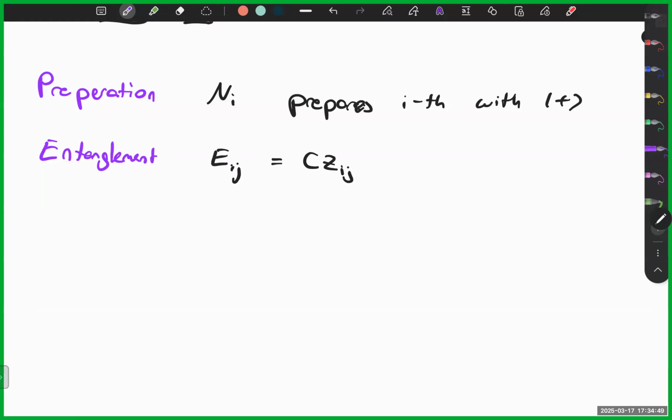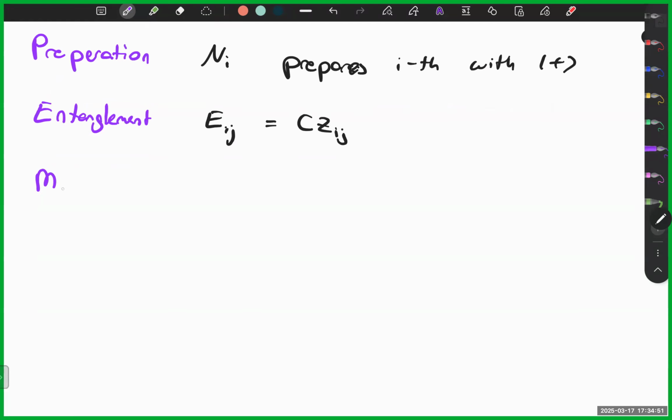Then the main command that we are going to build the theory on is the measurement command. We denote it by M_i^alpha, which measures the ith qubit in the following basis.